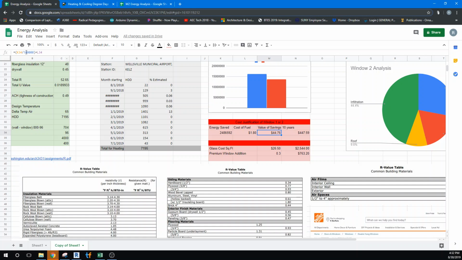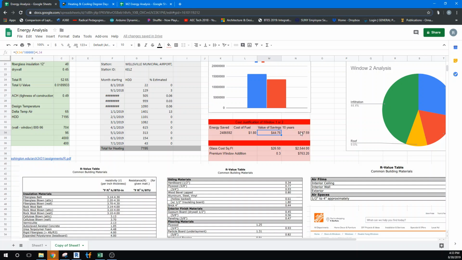We take K34, this value here, and divide it by 100,000. That gives us the number of therms. And then we multiply it by L34, which is the price per therm. And that gives us how much it cost us for that amount of energy. So that's how much less we use of energy cost.